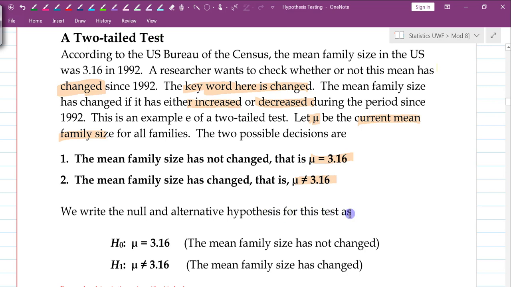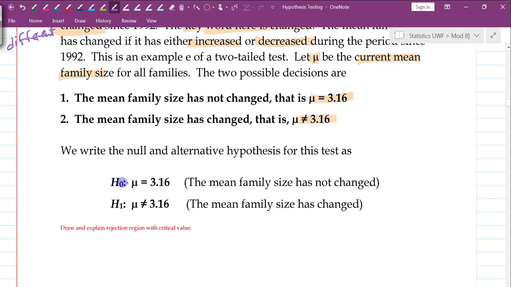Again, the key word here is changed. Another key word for not equal to and a two-tailed test would be the word different. We write H naught as mu is equal to 3.16. Our alternative is mu is not equal to 3.16.